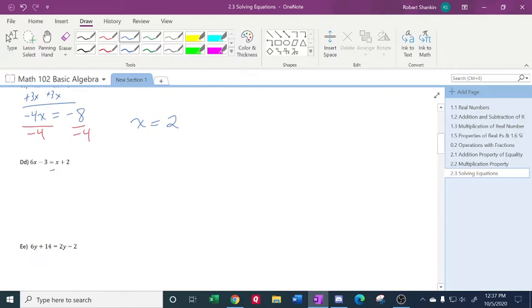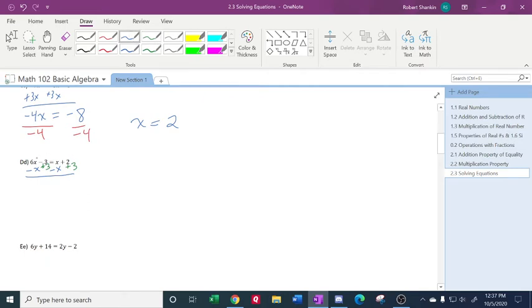So moving all the x terms over to the left. Now, at the same time, we can say, all right, let's move all the non-x terms over to the right. You can do both at the same time, or you can do it one at a time.